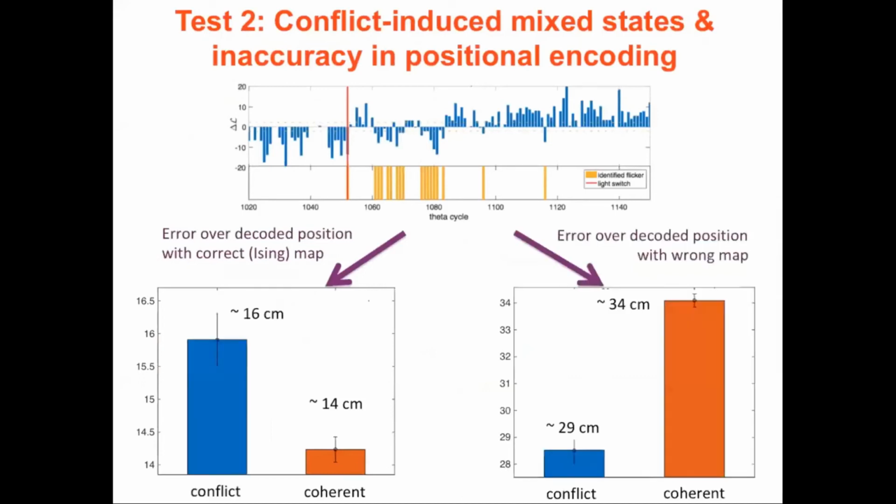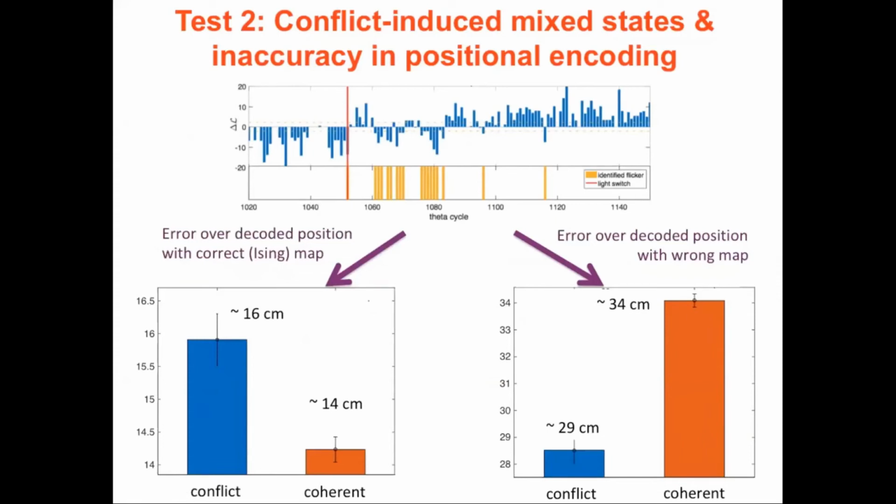In particular, if we look at this conflict period, just a few seconds after the light switch, and we decode the position of the animal with the wrong map, compared to before the light switch or a long time after the light switch, we see that the error on the position is about 30 centimeters.